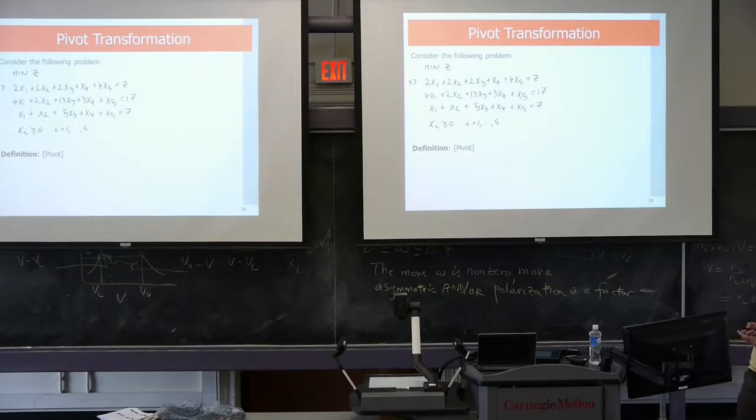So what to do? What we will do is use the pivot transformation, where pivot means that you choose a non-zero element, say this 3, and we divide this equation by 3 and then subtract this equation from the other equations so that the coefficients of x4 will be 0 in all other equations. Okay?